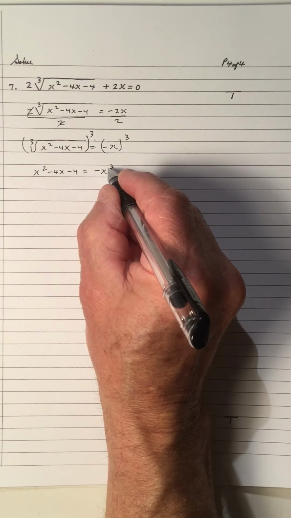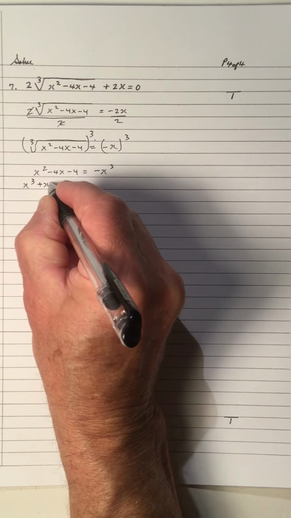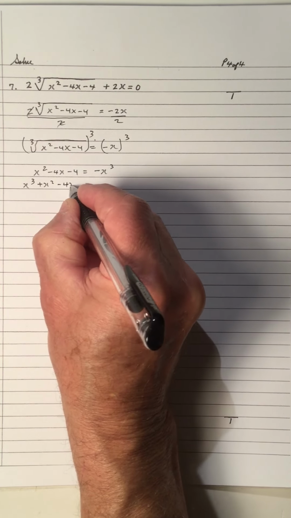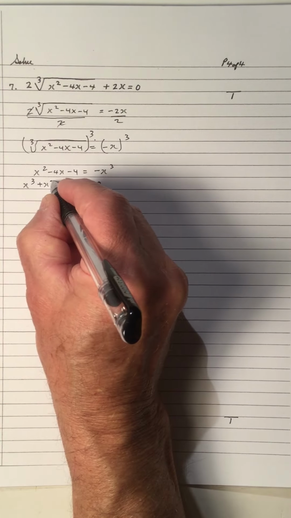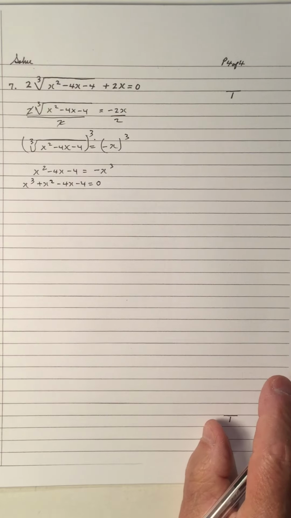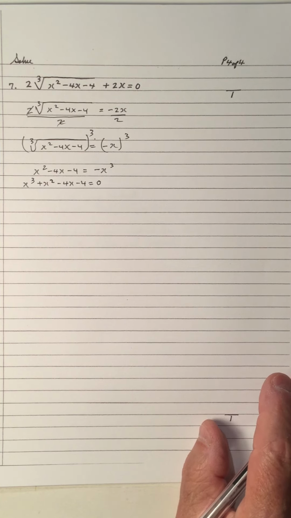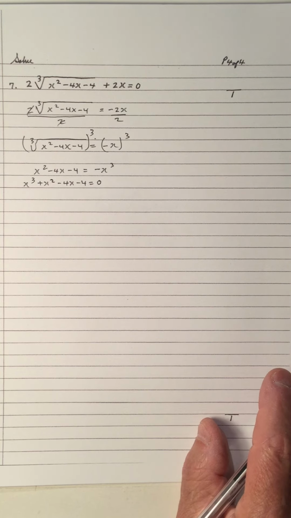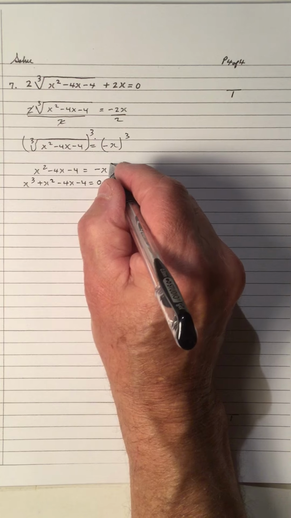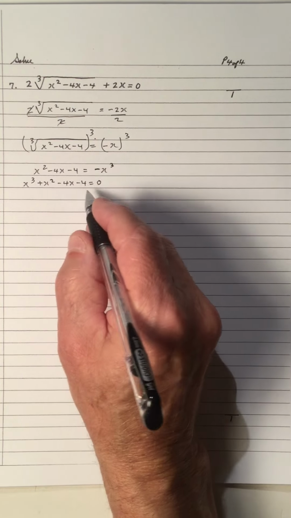So the x cubed goes first, descending order, then the x squared, minus 4x minus 4. Notice we have a cubic. And again, if you haven't discussed cubics, it's in the chapter on polynomial functions where we solve the cubics. Or we also reviewed it when we did factoring number 2.